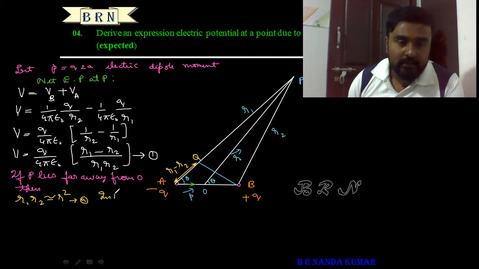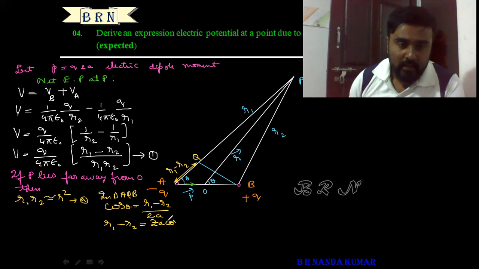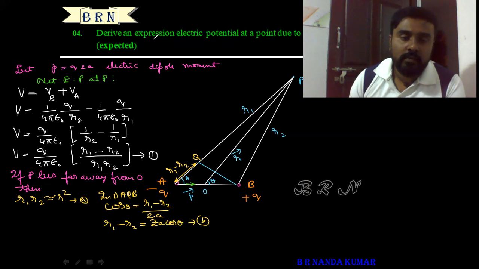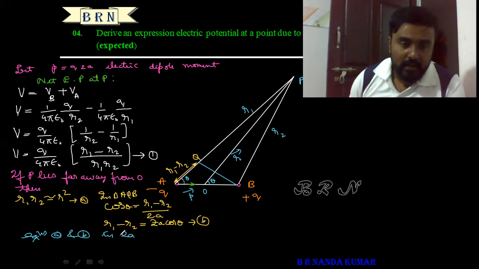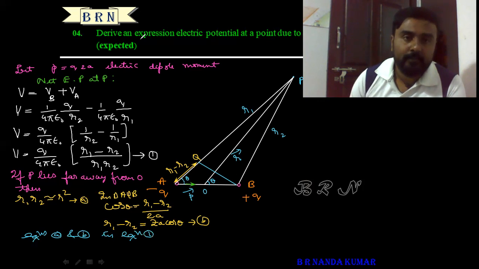Now in the triangle AQB, find cos theta. Cos theta is base divided by hypotenuse. AQ is R1 minus R2 divided by AB, which is 2A. So R1 minus R2 is 2A cos theta. Call this equation number B. Now put equations A and B in equation number 1.